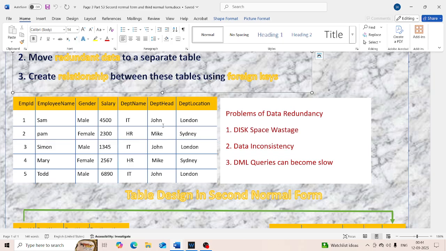In error, I forget to update 5,000 records. So for those 5,000 records, the IT department head will be the old person, whereas for the updated ones it will be the new person.